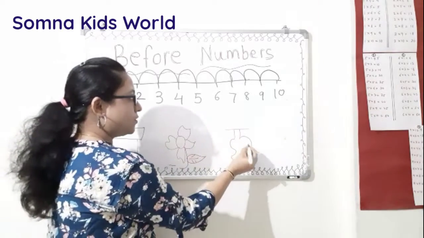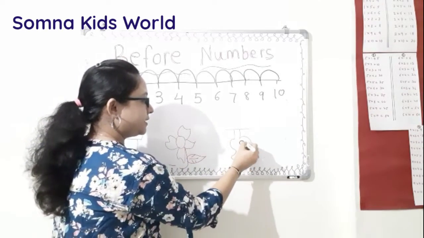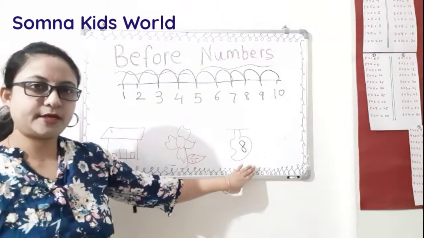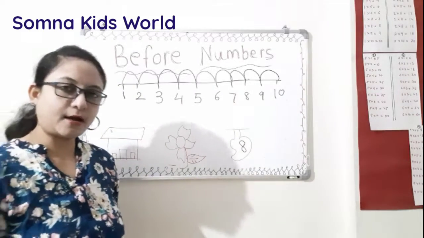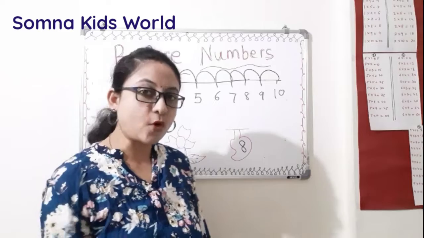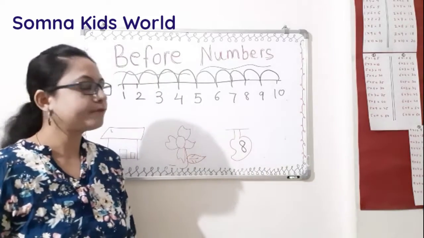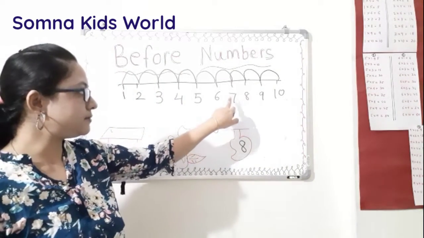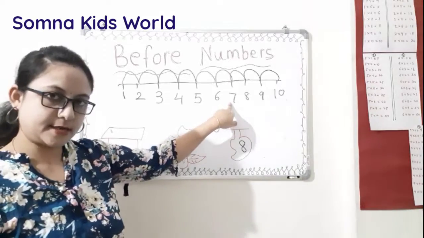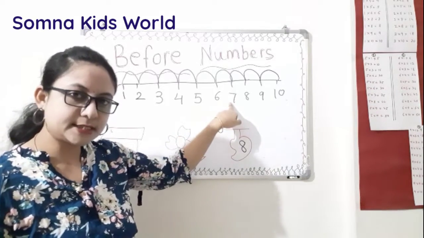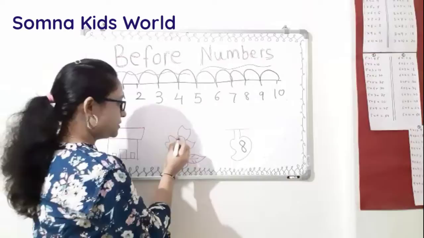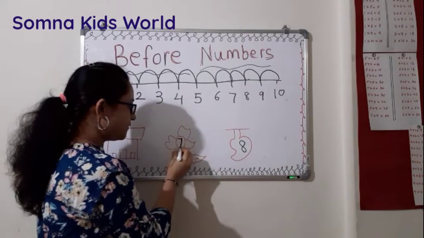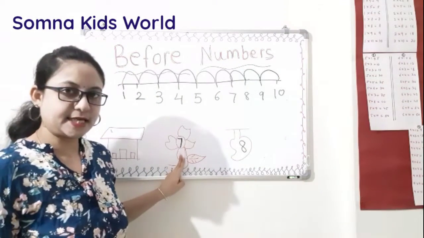Suppose in this mango I have written number 8. Which number have I written here? It's number 8. Now if I ask which number comes before 8, can you tell me? It's number 7. So you can write here in this flower number 7.